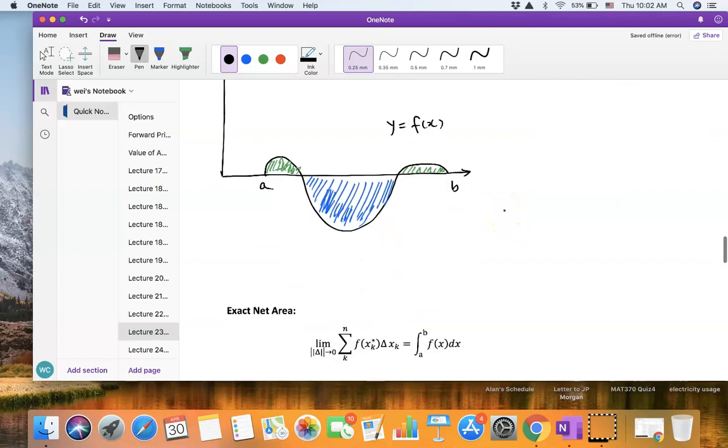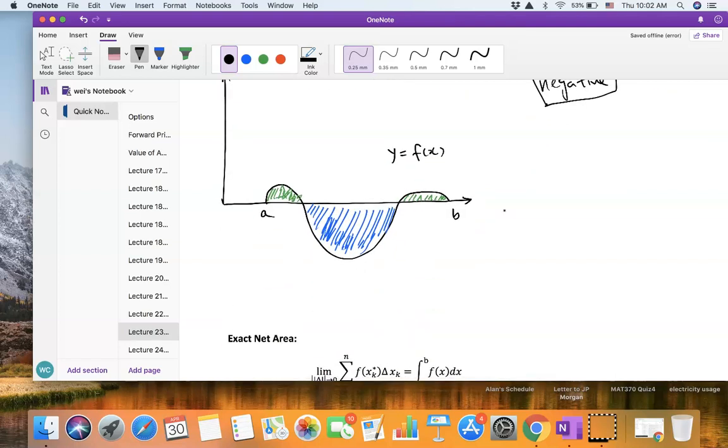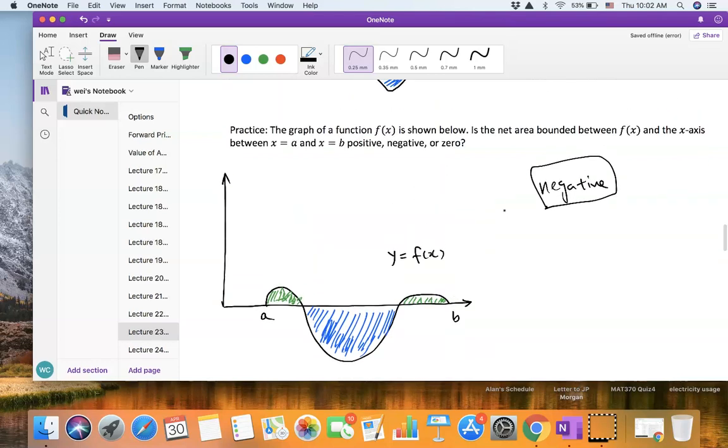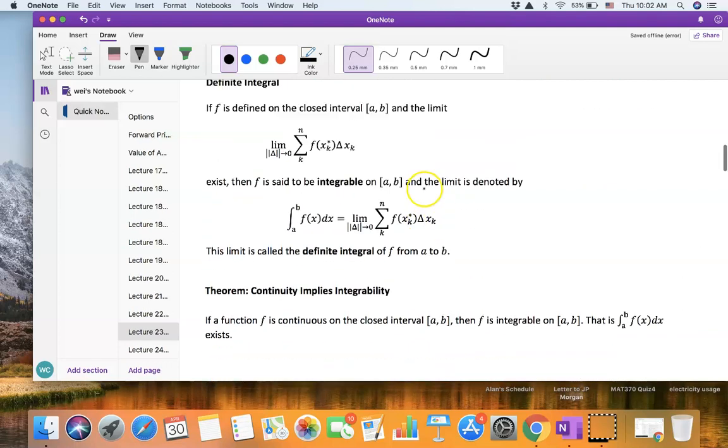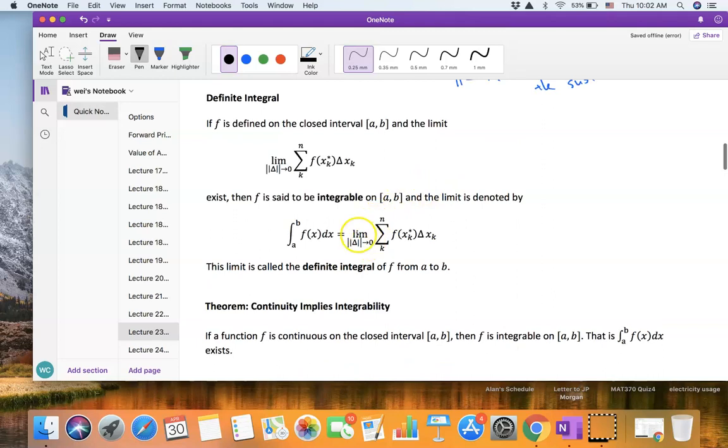Now, in the previous video, we said that if a function is integrable, then the limit of the Riemann sum exists, and the limit of the Riemann sum will give us the exact area of a bounded region.